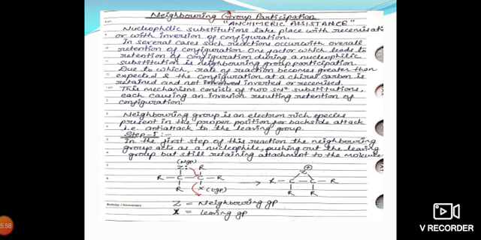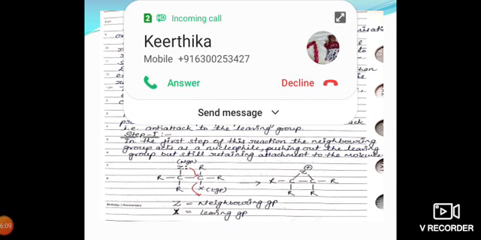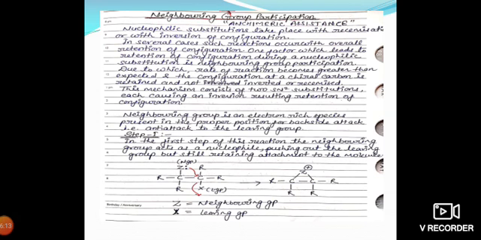Due to the presence of the neighboring group, the product increases to 90%, and the reactant configuration is R, so the product configuration is also R. It is not inverted, and a racemized product is not formed due to the presence of the neighboring group.